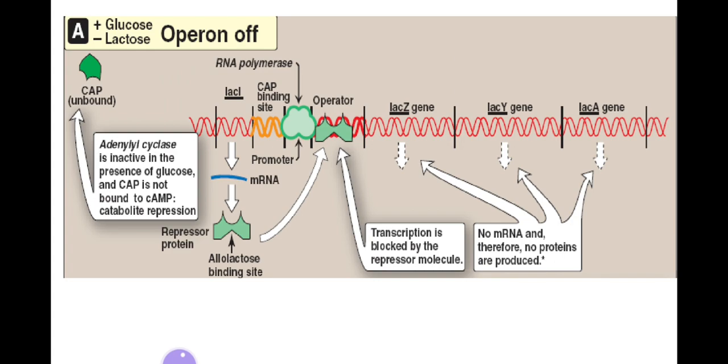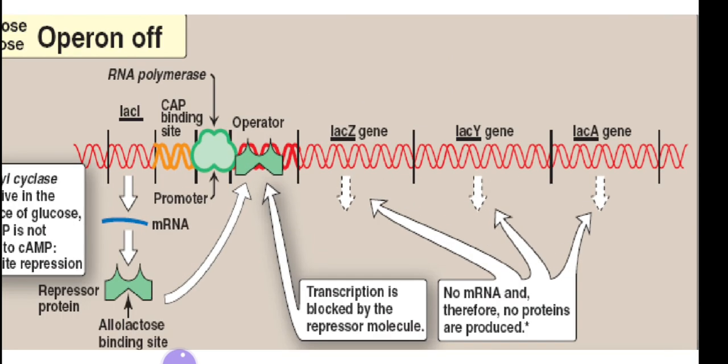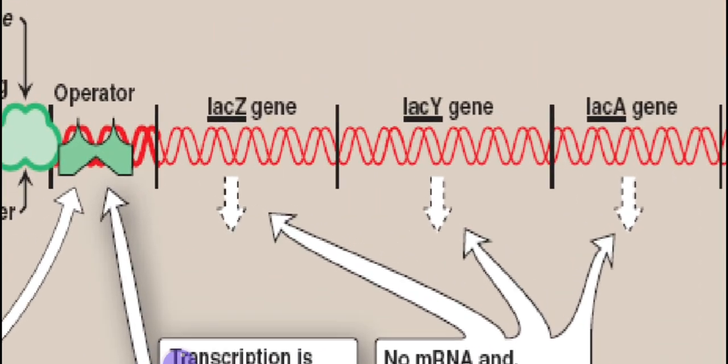In this diagram, we will see the behavior of the LAC operon system if glucose is present and lactose is absent. First, I will explain the three structural genes: LAC-Z, LAC-Y and LAC-A.